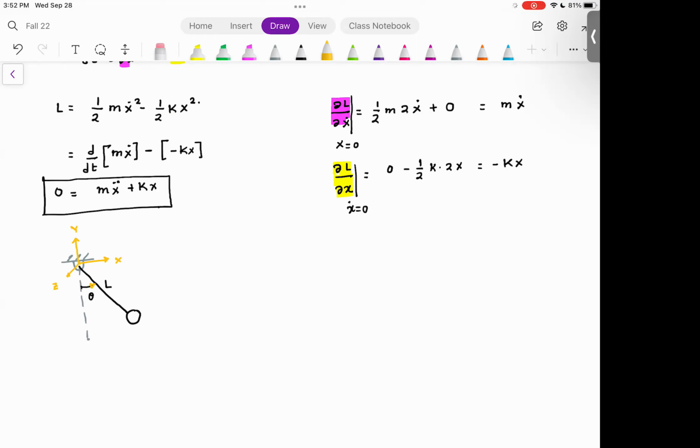Newton's law in translation says the summation of forces is equal to mass times acceleration. And when you are in rotational coordinates, you have the summation of torque is equal to I times alpha.